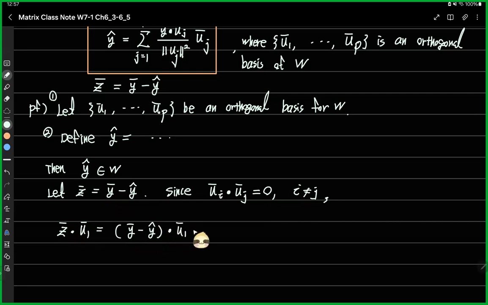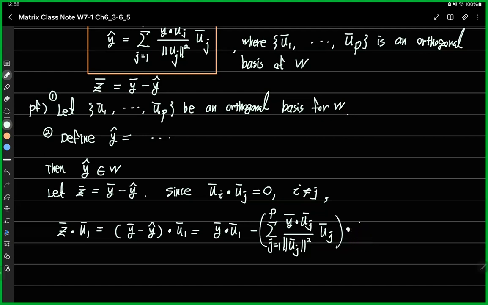Which is equal to y dot u1 minus the sigma, j goes 1 through p, of y dot uj over uj squared, times uj dot u1, right?